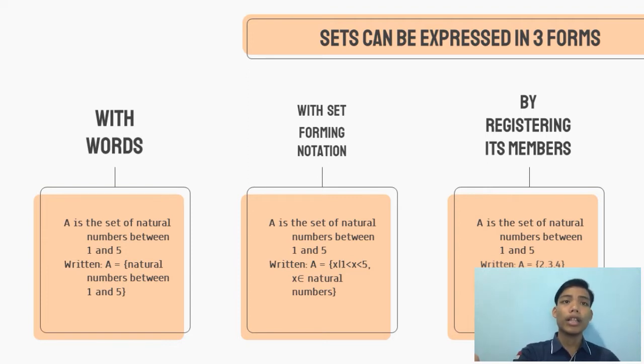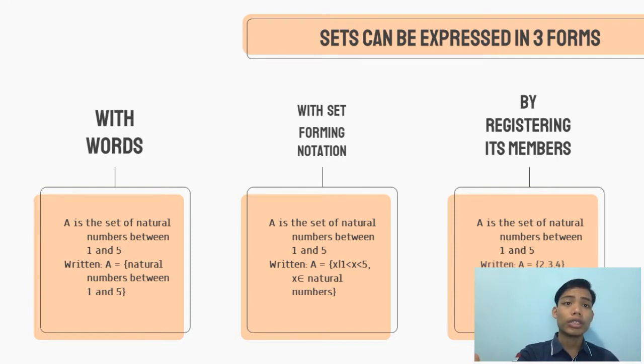For example, A is the set of natural numbers between 1 and 5, and you can write it like that. And the third is by listing its members. For example, A is the set of natural numbers between 1 and 5. You can write A = {1, 2, 3, 4}. That's like that.